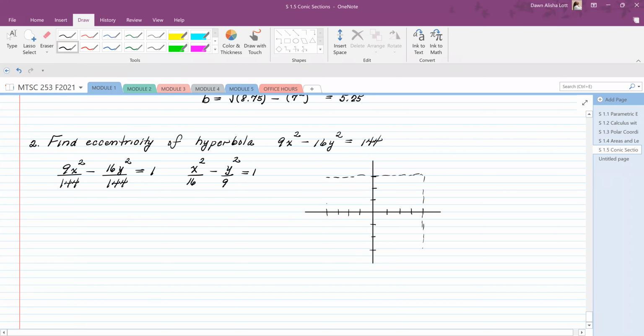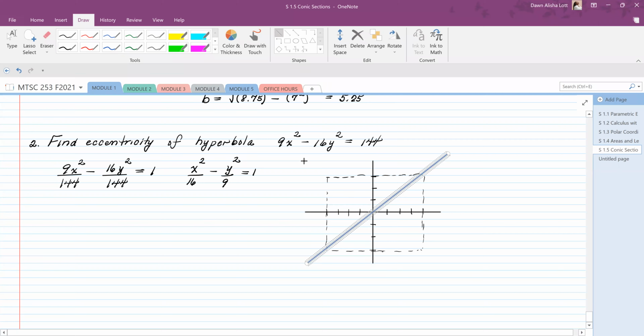And as I draw my box, I can then draw my asymptotes, which very nicely come through here, like that. Hey, that's not too bad, almost perfect.